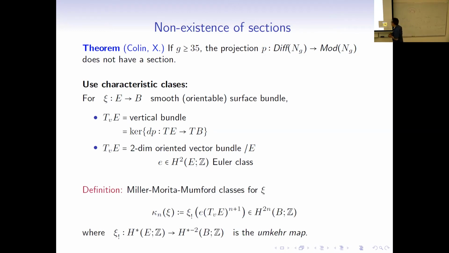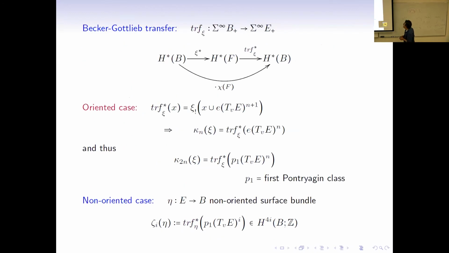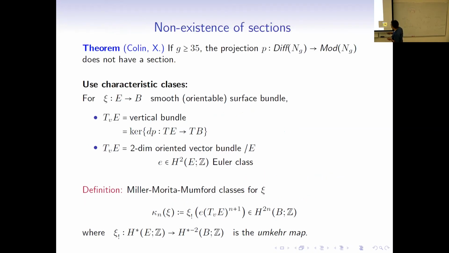So you can raise the Euler class to the n+1 power and apply the Umkehr map associated to this bundle, the Gysin map, and get a class in dimension 2n of the base. In the non-orientable setting, we cannot do this construction. We need orientation to use the Euler class.